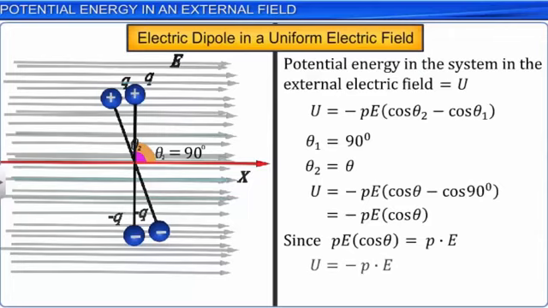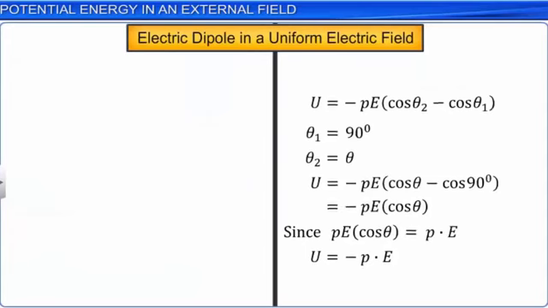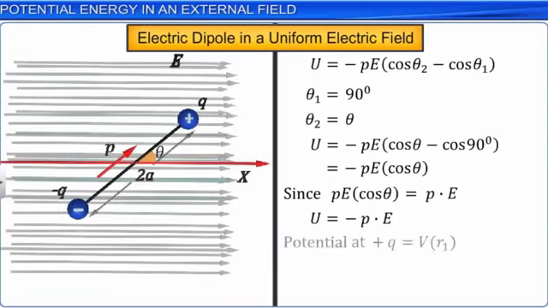If V of R1 and V of R2 denote the potentials at the positions of the charges plus Q and minus Q of the electric dipole respectively, the axis of the dipole makes an angle θ with the direction of the electric field, and the distance between the charges R12 is equal to 2a.